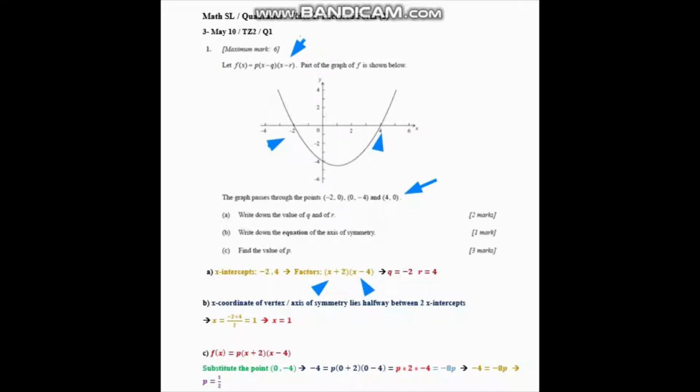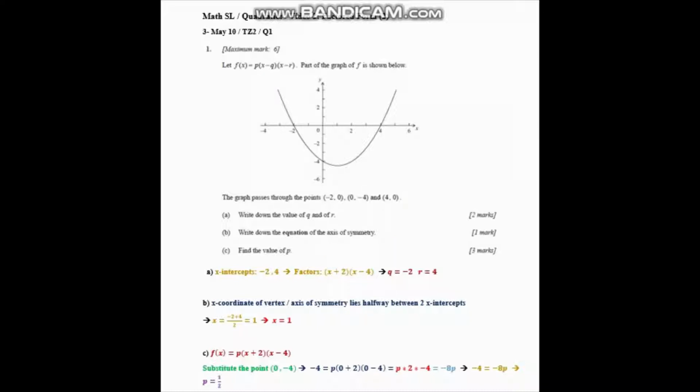So I have x minus r and x minus 4, so r has to equal 4. And I have x minus q and x minus -2 or x plus 2. So x plus 2 is visualized as x minus -2. So q has to be -2. This is one way of obtaining q and r.